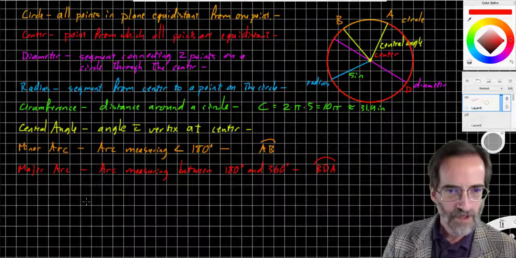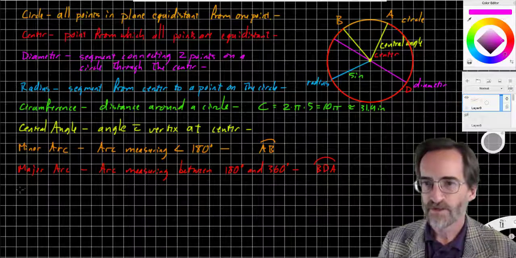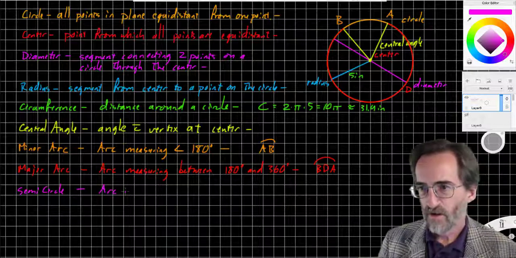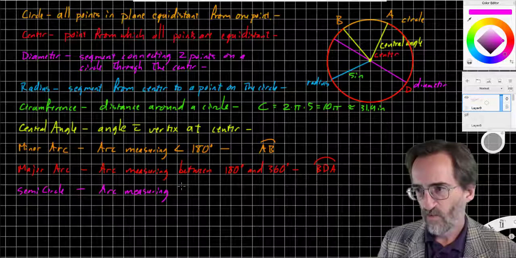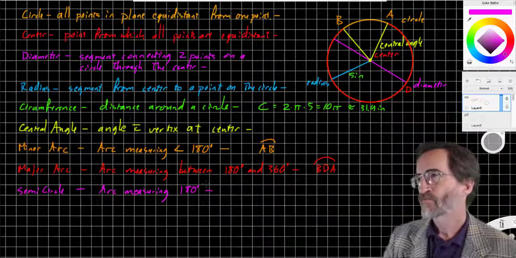And we've got semicircle, which is related to these two. An arc measuring 180 degrees, exactly. Okay.